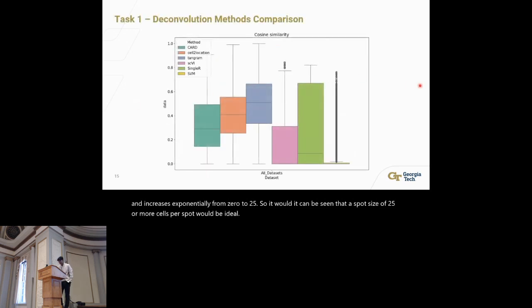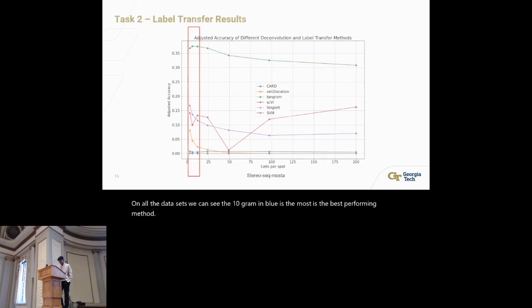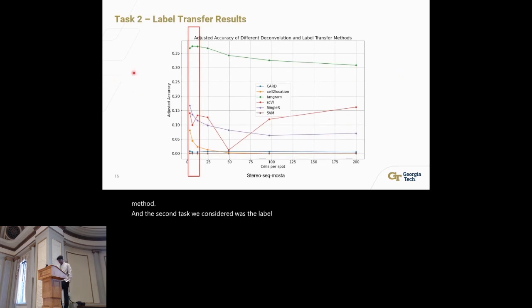And coming to comparison for all methods on all the data sets, we can see that tangram in blue is the best performing method. And the second task we considered was the label transfer task. We have tangram in green performing the best, and we can see that the small spot sizes actually perform the best here.